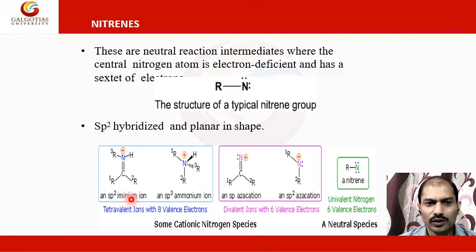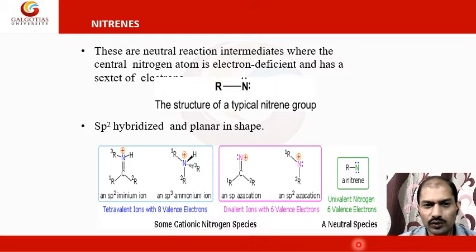If you look here, there is an sp2 iminium ion and an ammonium ion. How is the nitrogen there? In the case of the iminium ion and the ammonium ion, the nitrogen is tetravalent with 8 valence electrons.